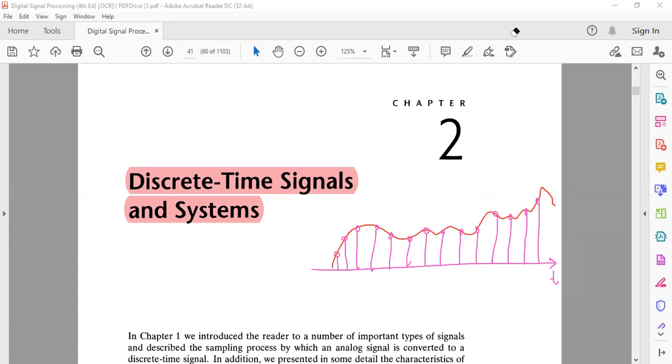We said the sampling frequency can be increased. And what happens when the sampling frequency is increased? It means that you're going to take more samples, okay? So instead of having several samples per second, you will have many more samples per second.